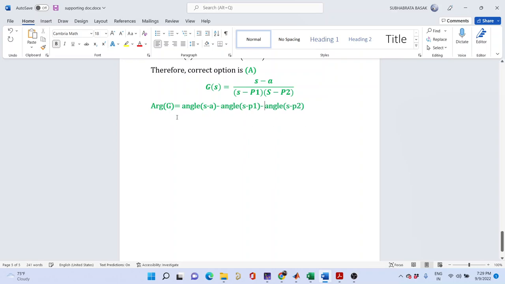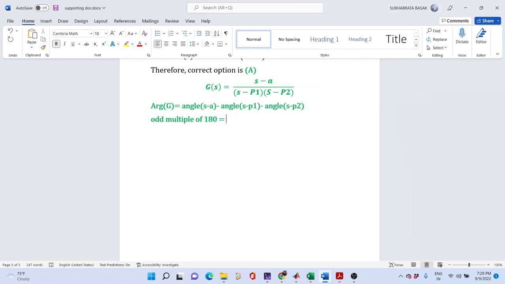So what I was trying to say was, if s is a point lying on the root locus, and I substitute that point into this expression, then the angle of G(s) would be an odd multiple of 180 degrees, right?